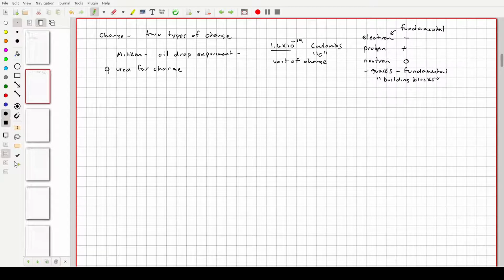So protons themselves are not fundamental. They're made out of 3 particles. Neutrons as well are made out of 3 particles: 3 quarks for the proton, 3 quarks for the neutron. For a proton, each quark has a charge of 1/3 of 1.6 times 10 to the minus 19th coulombs. For a neutron, you have a plus 1/3, a minus 1/3, and a quark that has a charge of 0.